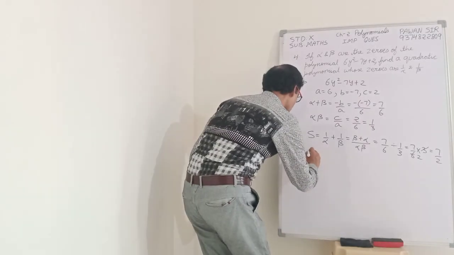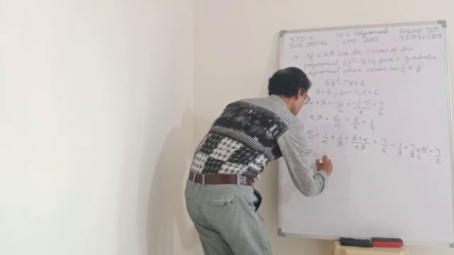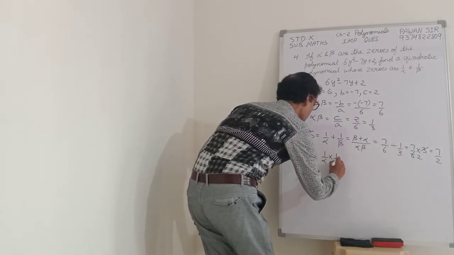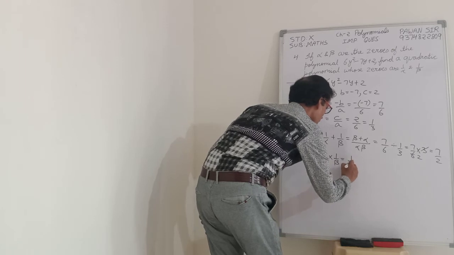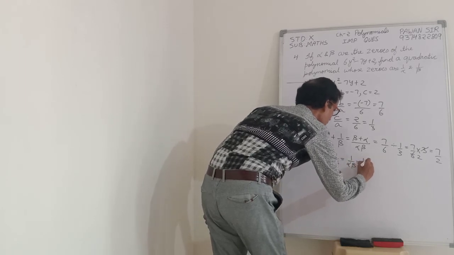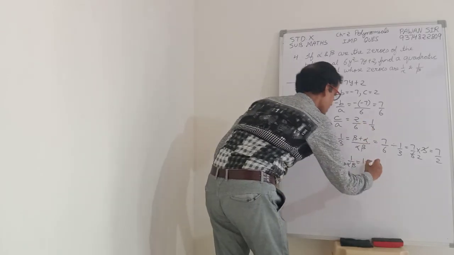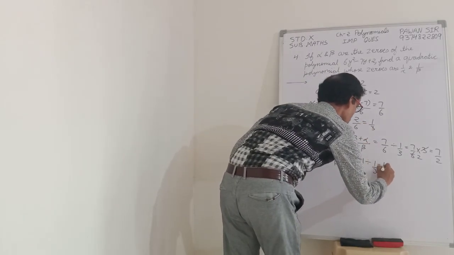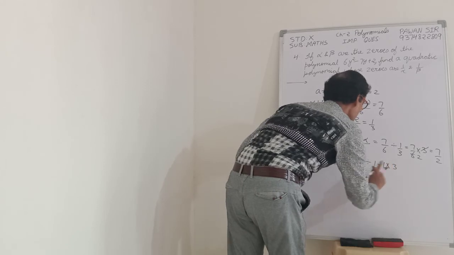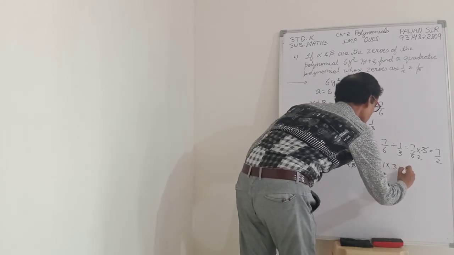And what is the product? The product is 1/alpha into 1/beta, that is 1/(alpha beta). It means 1 divided by the product of alpha beta, which is 1/3. So it is equal to 1 into 1 into 3. So the product is 3.